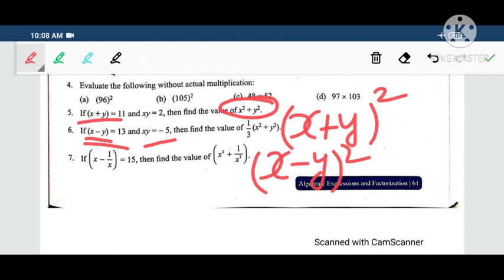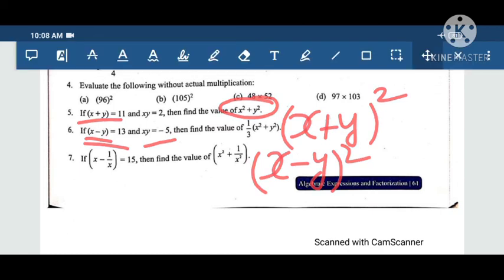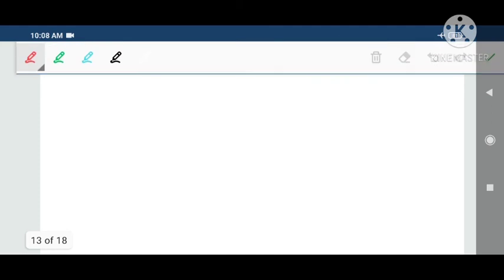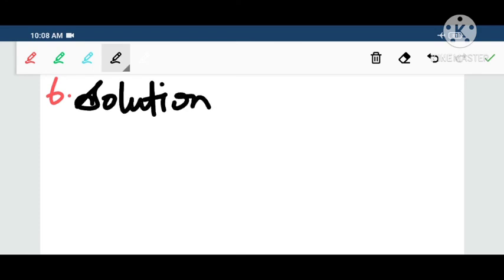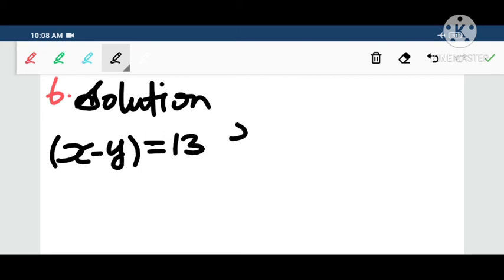Okay, so next we move on to the solution. What is the given value? x minus y is equal to 13, xy is equal to minus 5. In this question number 6 solution, what is the given value? The given value is x minus y is equal to 13 and xy is equal to minus 5.